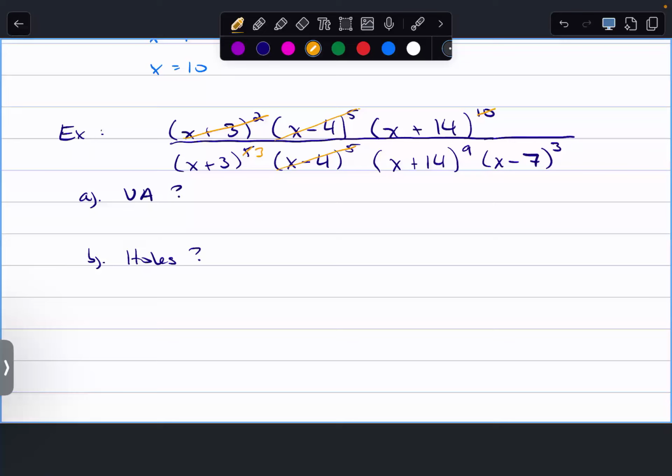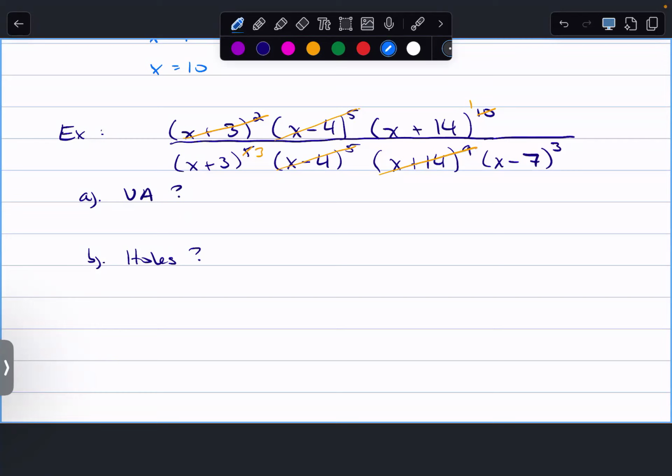This 10 minus 9 makes 1. This is going to cancel. And then there's nothing to cancel the (x-7)^3 with. I'm going to change this actually, no, it's okay. Keep it.